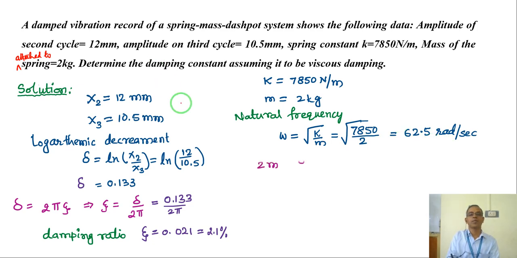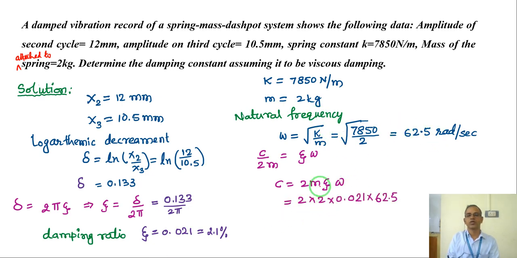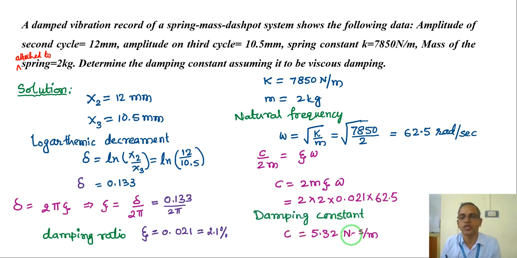So the damping constant is related to the xi omega like this. So C will become 2m xi omega. So I know the xi, which is 0.021, and omega, which is 62.5. Substituting here, I get damping constant as 5.32 Newton second per meter.